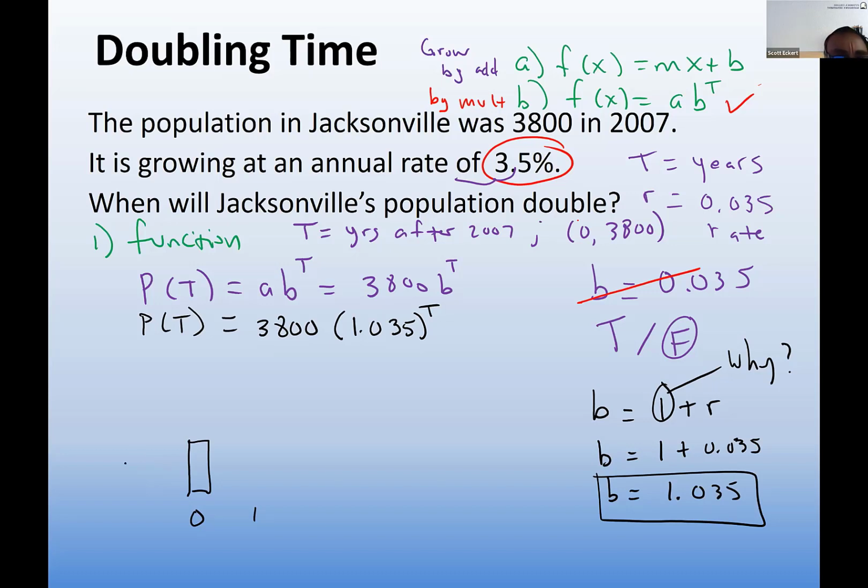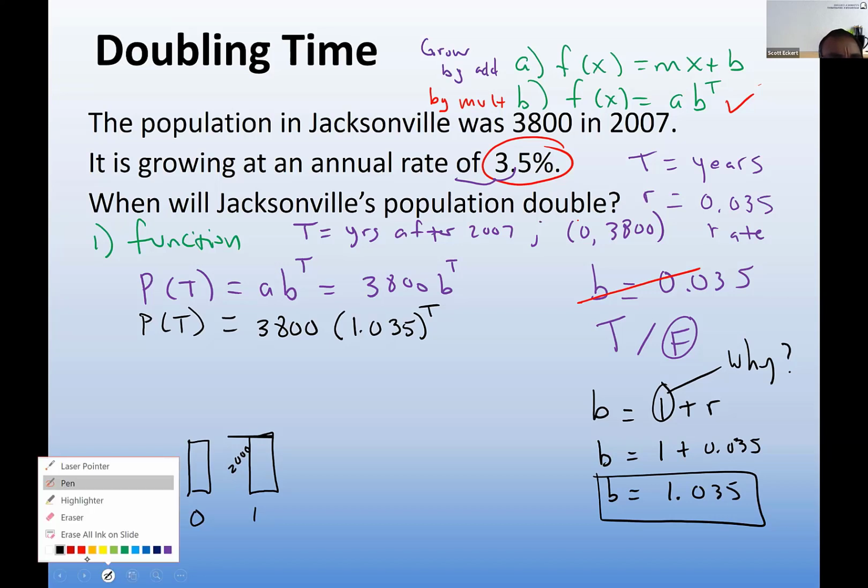I'm not going to use the 3,800, just for simplicity. So in year 0, I have 2,000 people. Now in year 1, we're assuming these 2,000 people are still here.